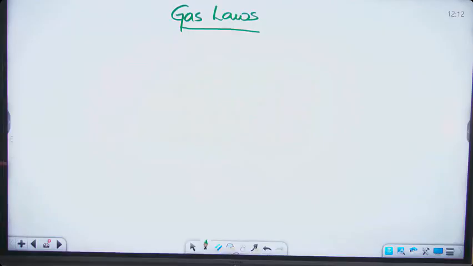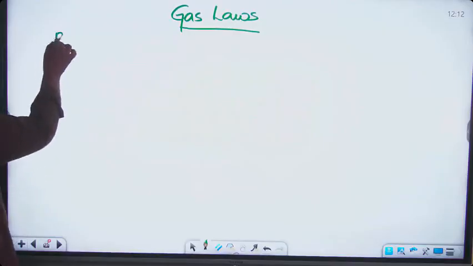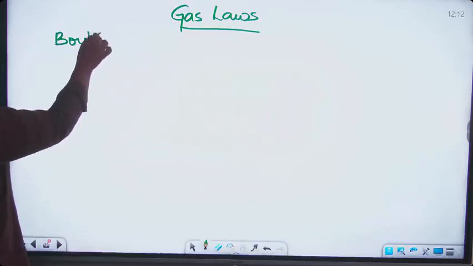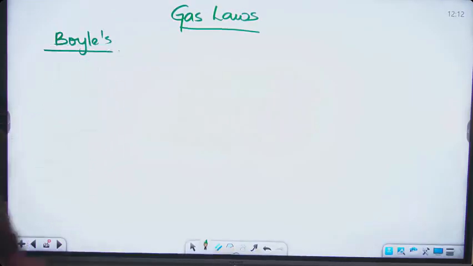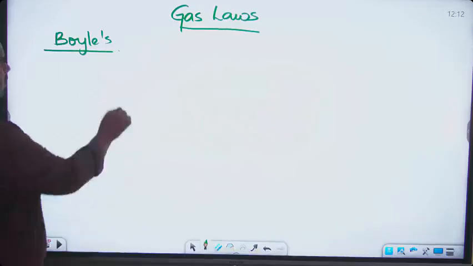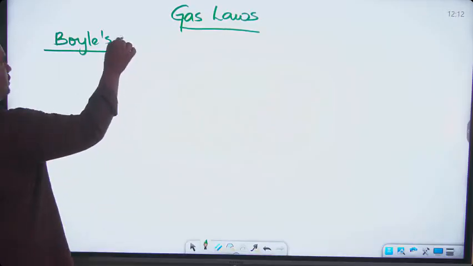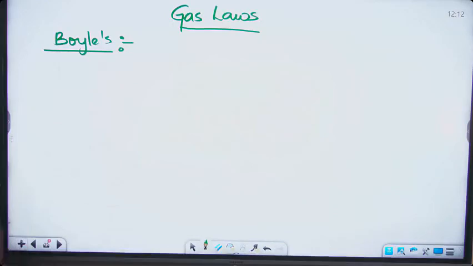So the very first thing, you talk about the case of Boyle's law. So what does this particular Boyle's law state? 4 simple laws, at the same time 4 simple equations.